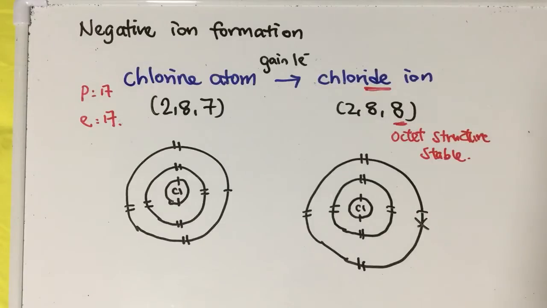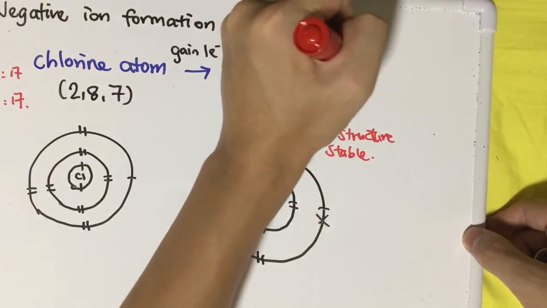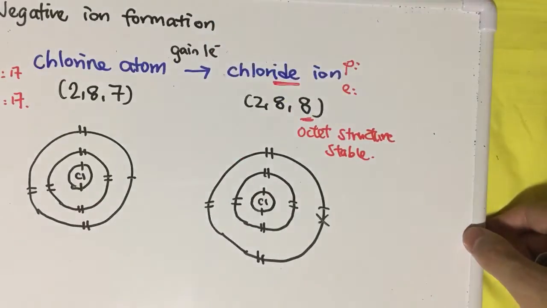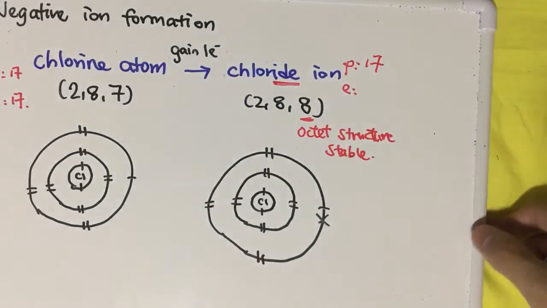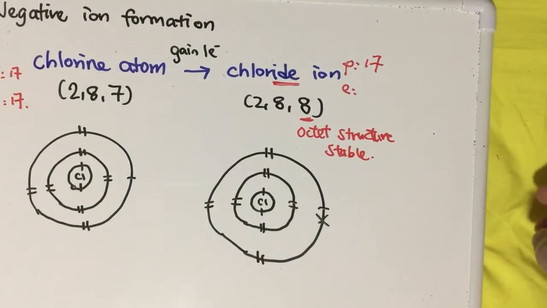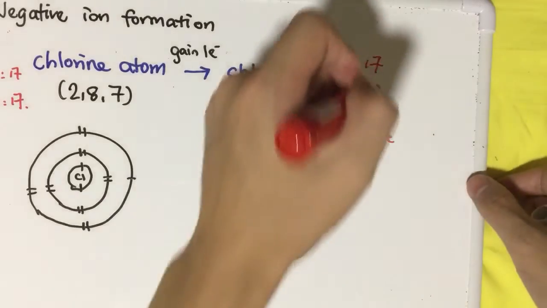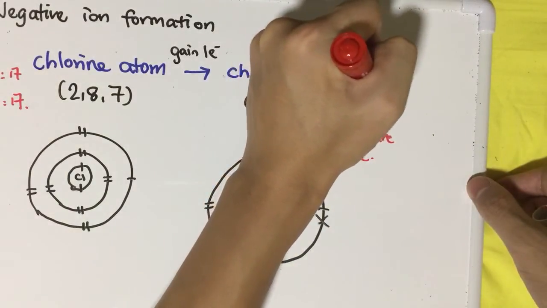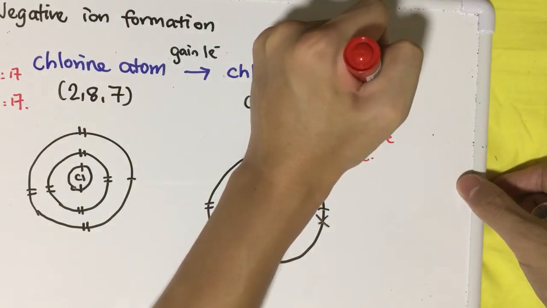But how about the chloride ion? The number of protons is 17 because it only gained an electron, it didn't gain or lose a proton. And the electrons, after gaining 1 electron, will become 18.